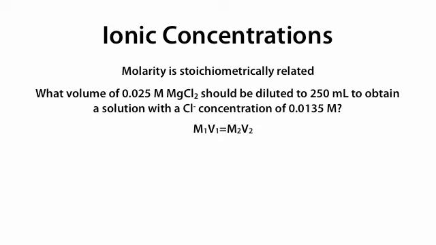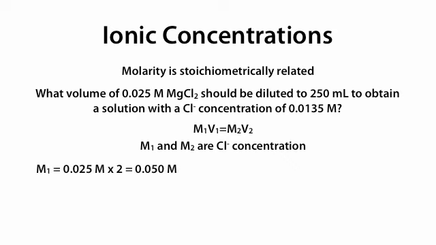We know when we have any dilution problem, we're going to use M1V1 equal to M2V2. M1 and M2 are Cl- concentration in this case. Since the problem states a Cl- concentration, M1 and M2 are not the molarity of MgCl2, they're the molarity of Cl-, or the concentration of Cl-.